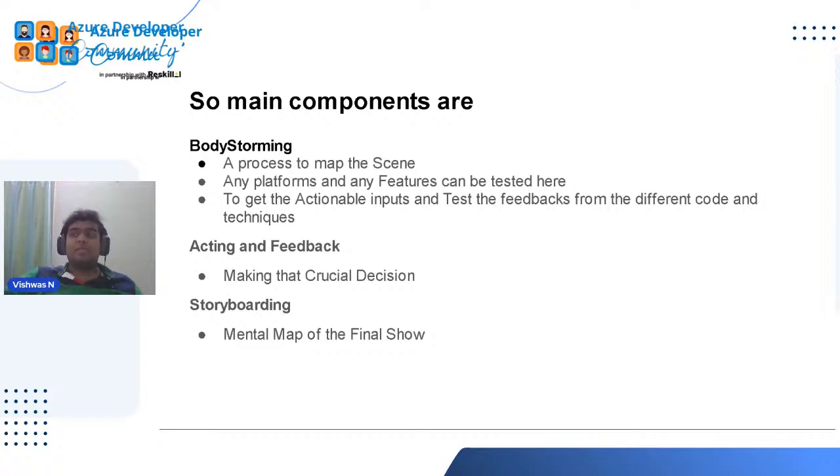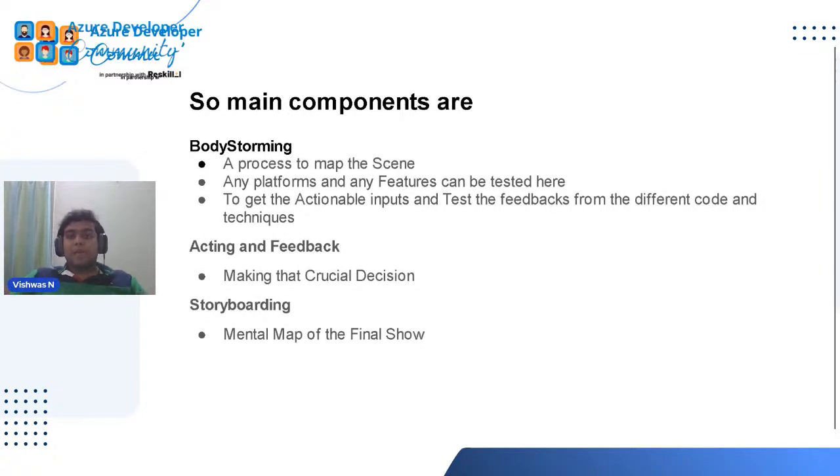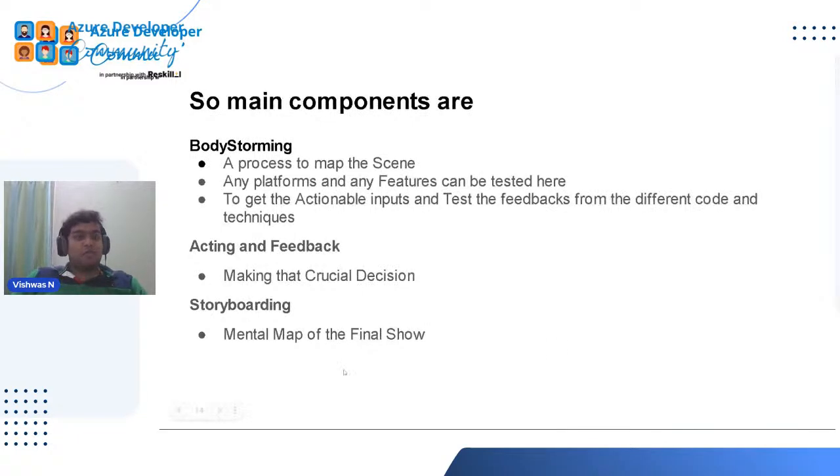So, there is always a reason for you to go through all these scenarios and start working to get actionable input and test the feedback from the different code and techniques. Because a lot of times we have different sets of people working in the organization towards building such an infrastructure, and there is a need for you to realize that, hey, this is what we need to start working towards. And AI was always there.